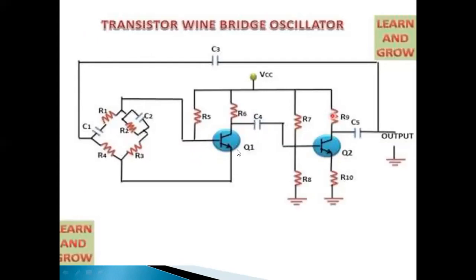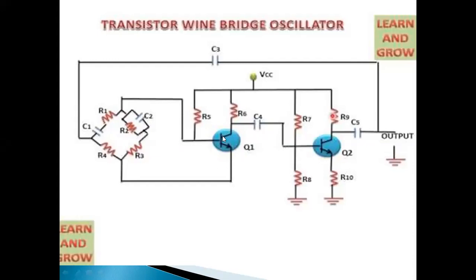So what is the Barkhausen criteria? One of the conditions in the Barkhausen criteria is that the phase shift around the closed loop must be 360 degrees. In order to get the 360 degrees phase shift, here we are using two transistors, that is, CE transistors, common emitter transistors.